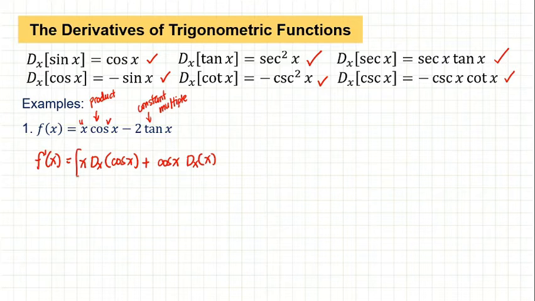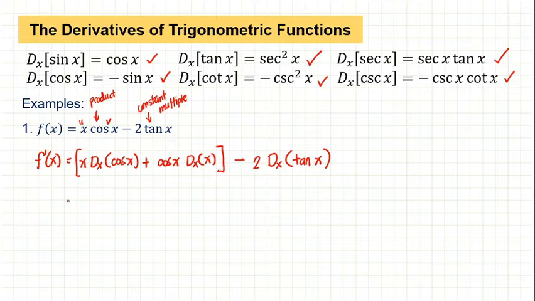Okay, so this is just for the first term. Okay, then minus the second term, we will apply the constant multiple rule. So we will just copy the numerical coefficient, which is 2, times the derivative of the function, which is tangent x.